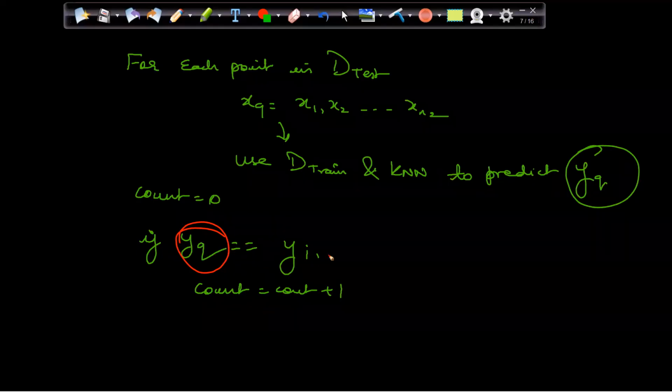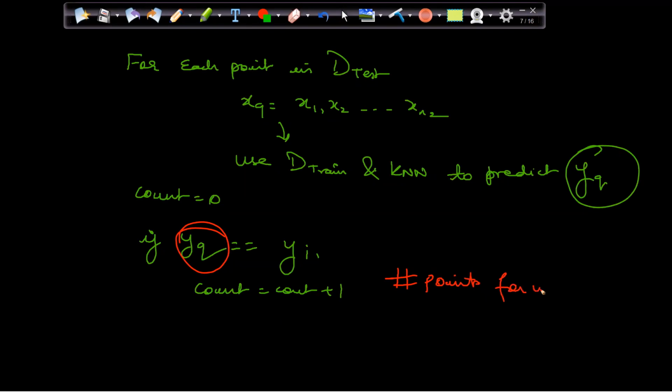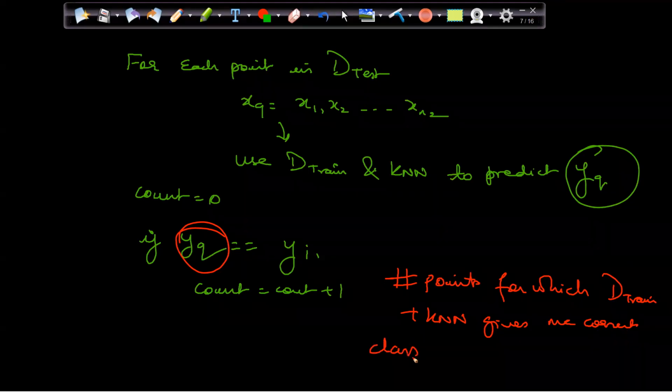Same thing here also I am doing. So if YQ is equal to YI, then I'll do the count, and then my number of points for which the D train data plus KNN gives me correct class label, right?